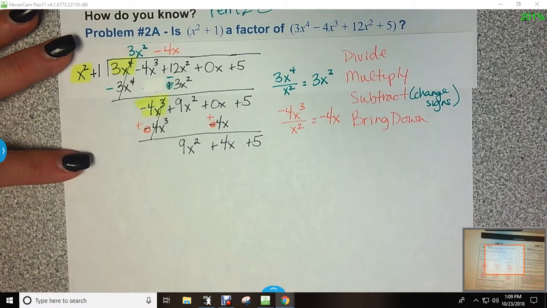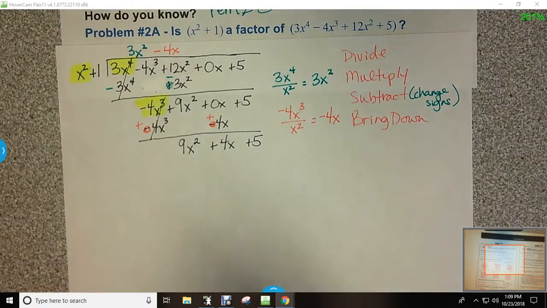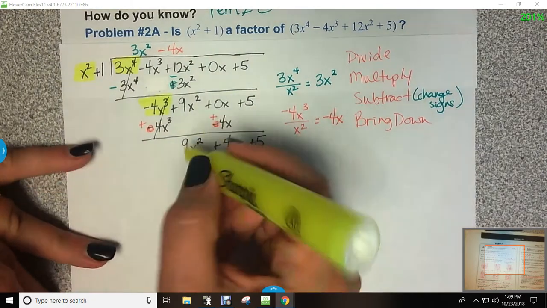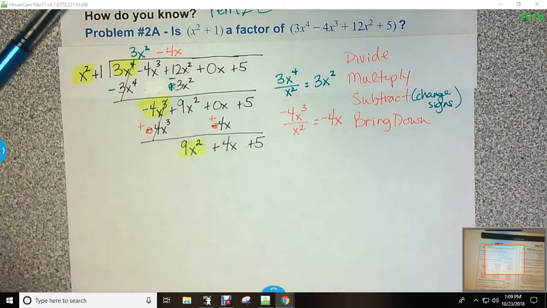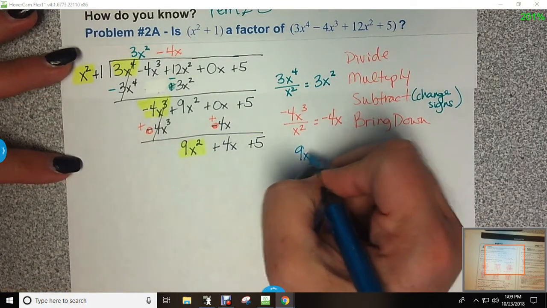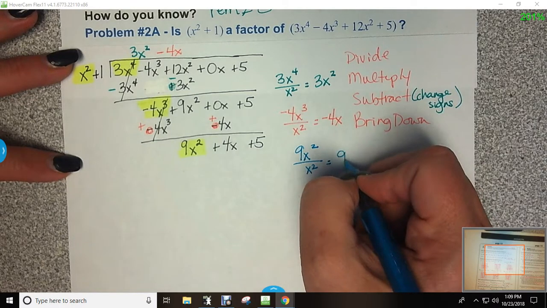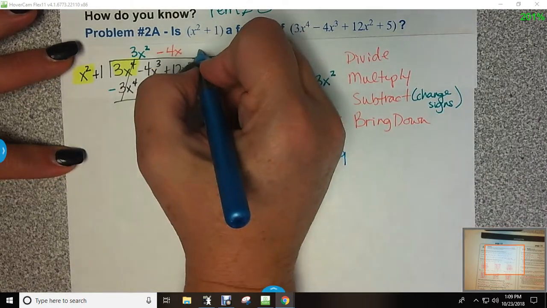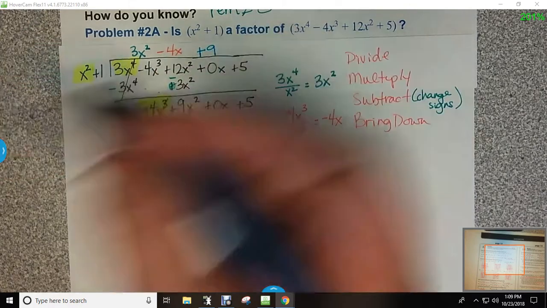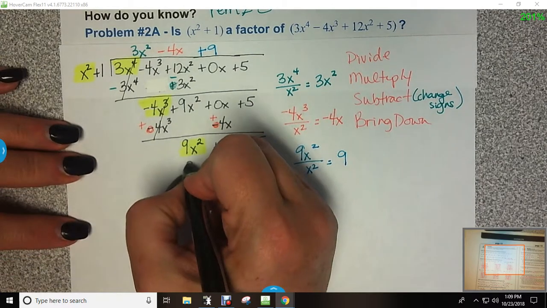We got to divide again. So this time, I'm going to take my 9x squared, divide it by the x squared. That's going to give me a positive 9. So plus 9 goes on top. Multiply 9 times everything out in front.